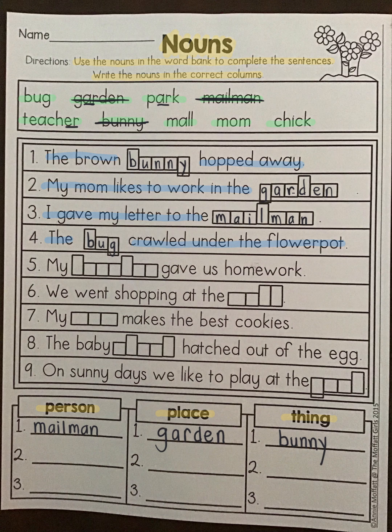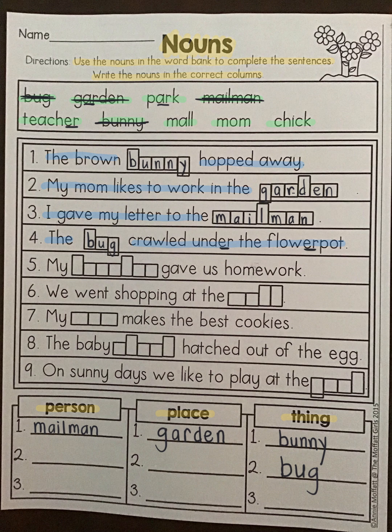The bug crawled under the flower pot. Oh, I see an R controlled vowel. Now, bug, is that a person? No. Place? No. But it is a thing. Bug.